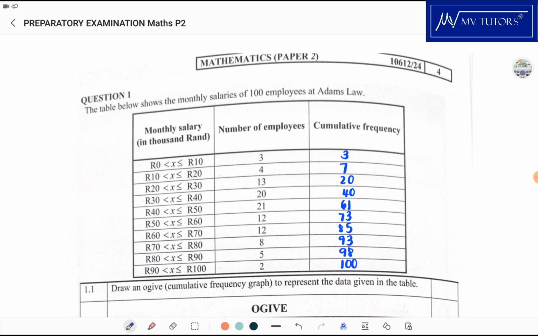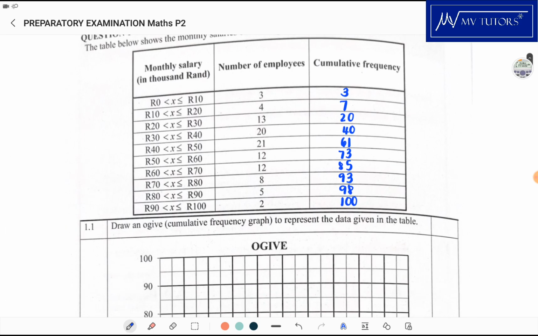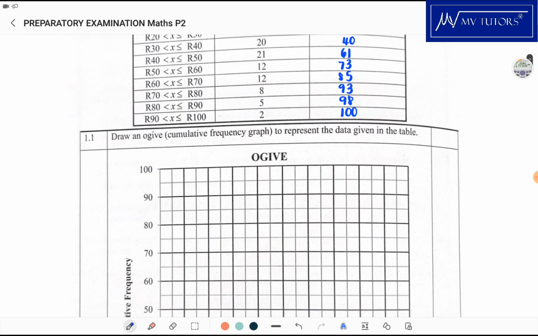Okay, so there we are. Now let us draw this ogive.